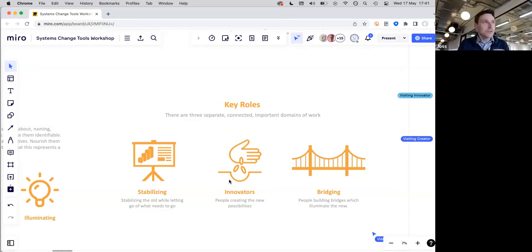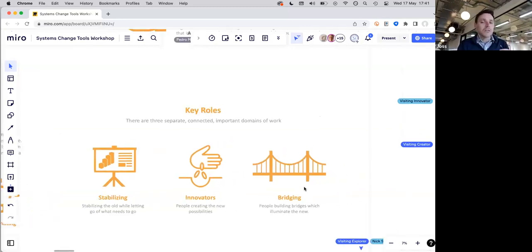And if they fall to pieces tomorrow, if business as usual doesn't function tomorrow, we're not going to survive. We can't make this transition. We're back in the Stone Age. So how do we actually stabilize and enable what's needed from the incumbent system at the same time as we have these innovators who are building the new, and the bridges who are connecting from the old to the new?